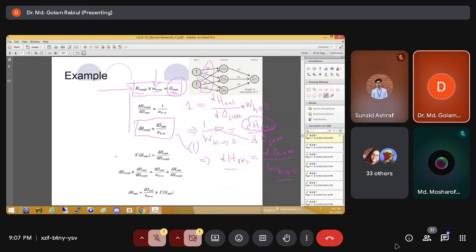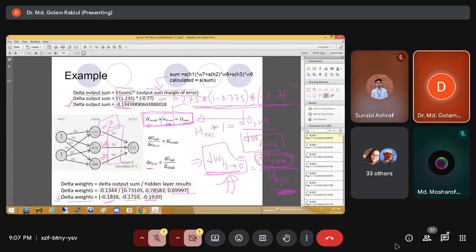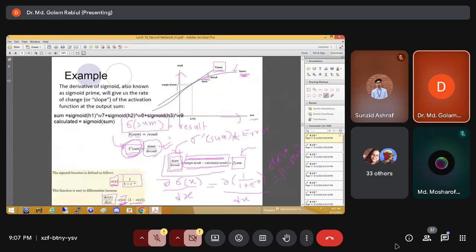Then now we know that from our previous equation, you can see here there is the derivative of the sigmoid of the sum. It is delta sum by delta results, with respect to the last layer.